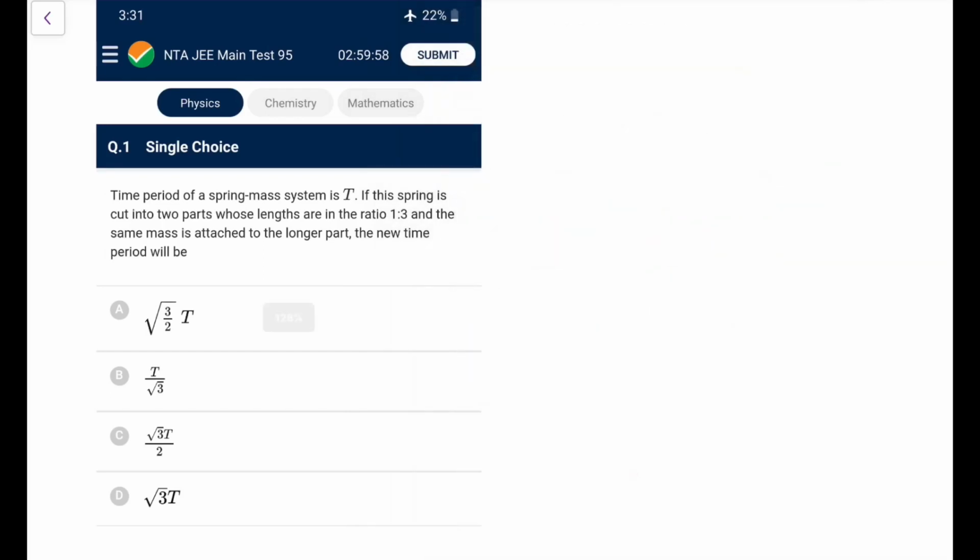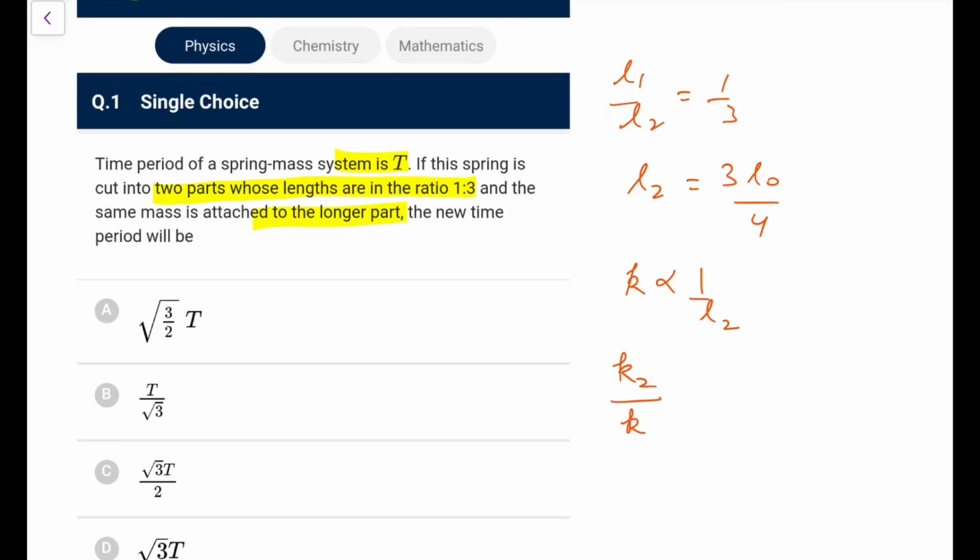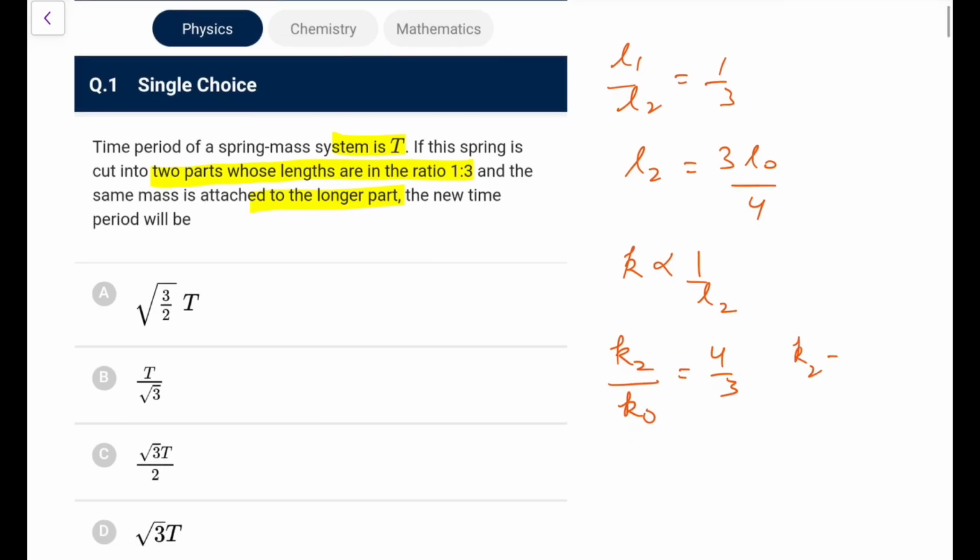First question: the time period of a spring mass system is T. If the spring is cut into two parts whose lengths are in the ratio 1:3 and the same mass is attached to the longer part. The longer part means the new lengths L1 and L2 are in the ratio 1:3, so L2 would be 3L0/4. We know K is inversely proportional to L, so K2 upon K0 would be 4/3, so the new K2 will be 4/3 of K0.